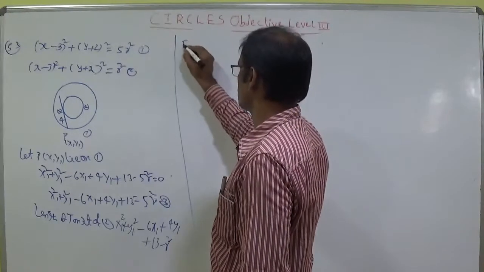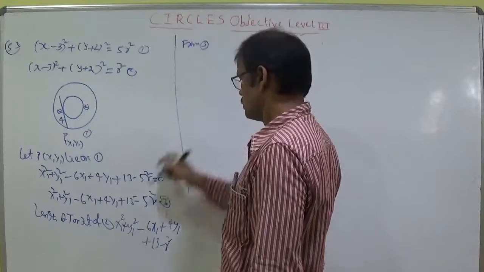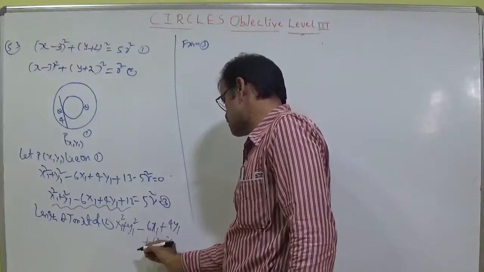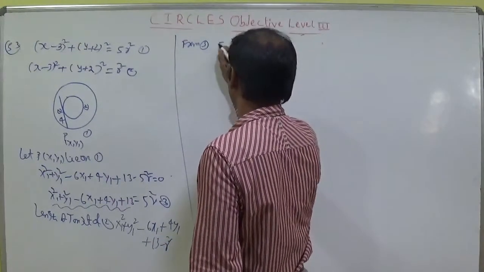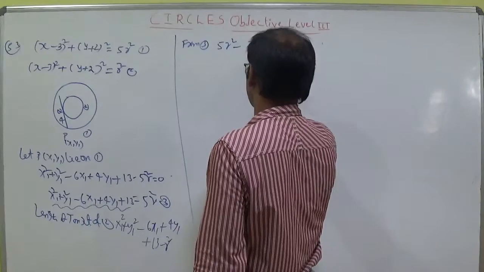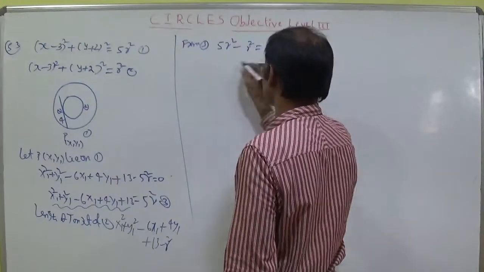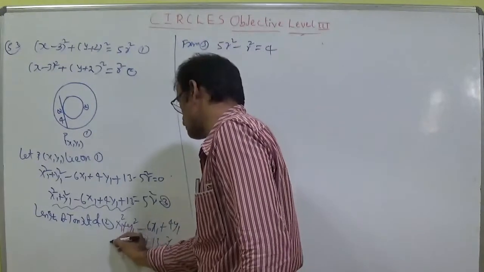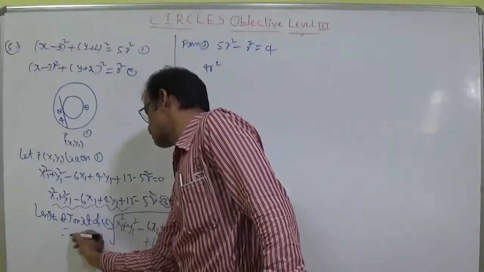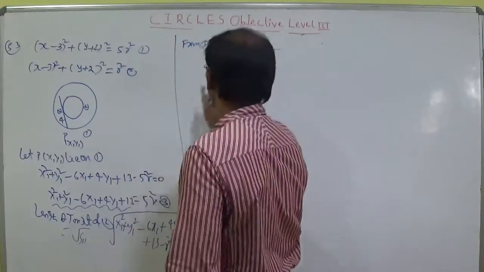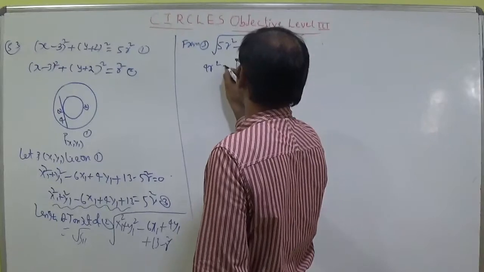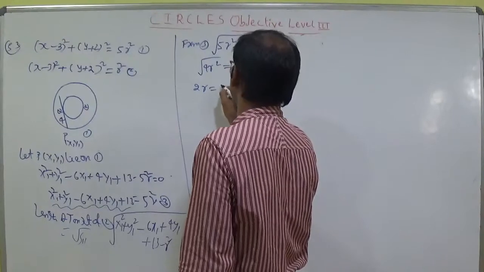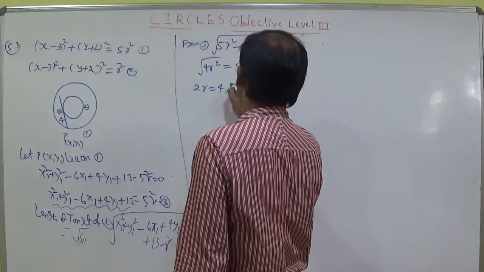So from 3 we can write, instead of x1 square plus y1 square minus 6x1 plus 4y plus 13, you can write 5r square. 5r square minus r square. The length is given as 4. So 4 is the length of tangent, students, formula root s1. Put it here. So root of 4r square equal to 4. So 2r equal to 4 and r equal to 2.